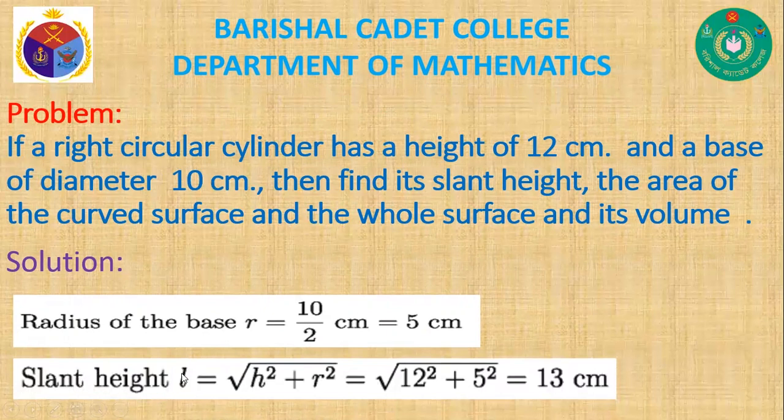We know that the slant height l equals root over h square plus r square. What is h? Here, the height is 12 centimeter, so the value of h is 12 and the value of r is 5. We have already calculated it, and calculating again, the result is 13 centimeter.